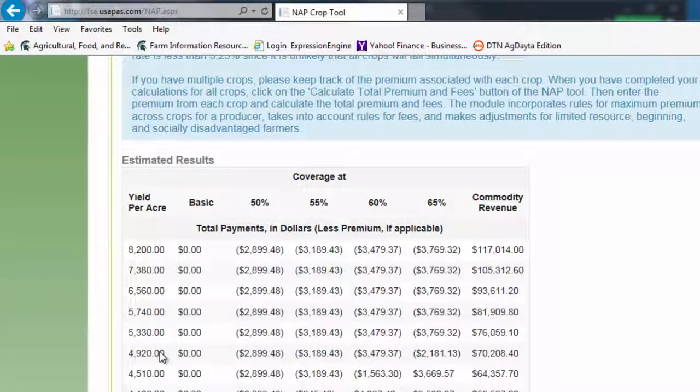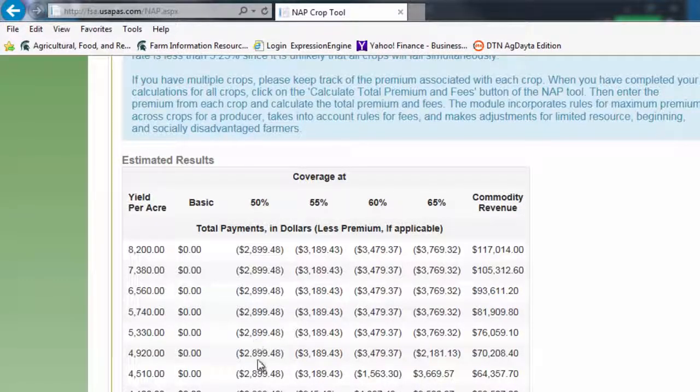The numbers we see in this line are the same as your total premiums. And then as we start to decrease here, in this case 4,920, you see this number here is smaller than your premium. What that means is you've gotten some payment that's paid back the difference between your premium level and this amount here. As we get down to 4,500 pounds of your insurable yield, you see that not only have you paid off the whole premium here, but you've also received a payment of $36.69.